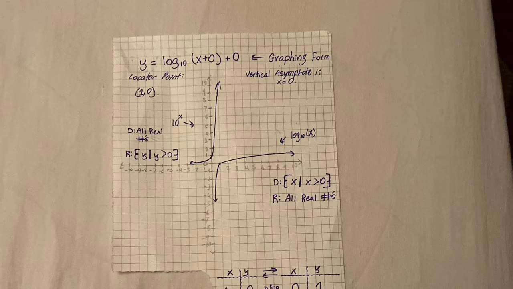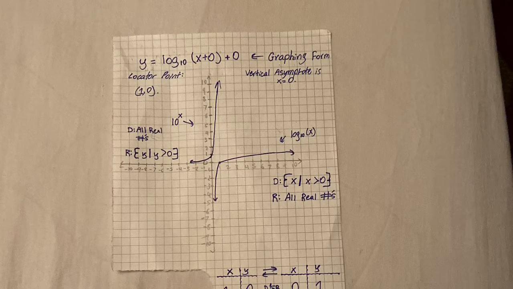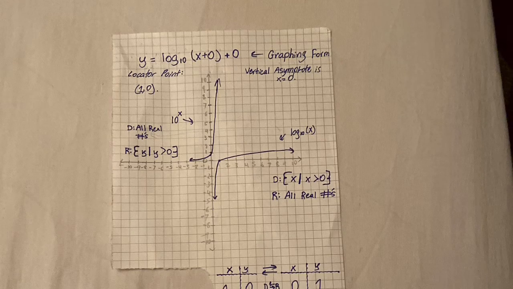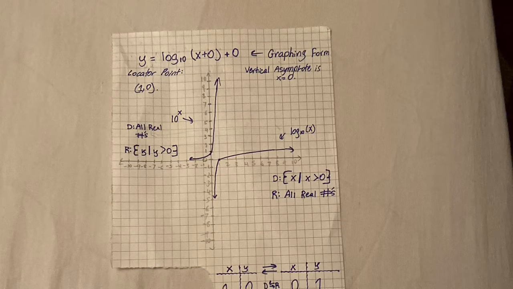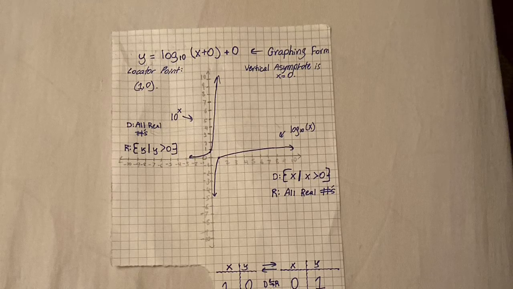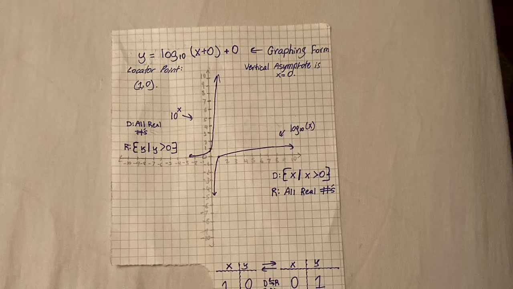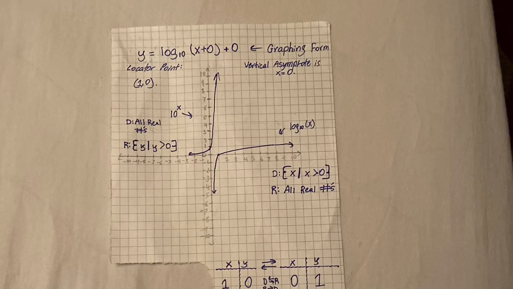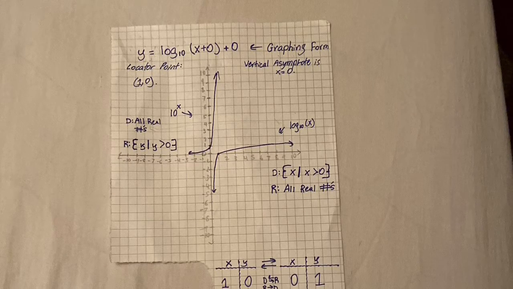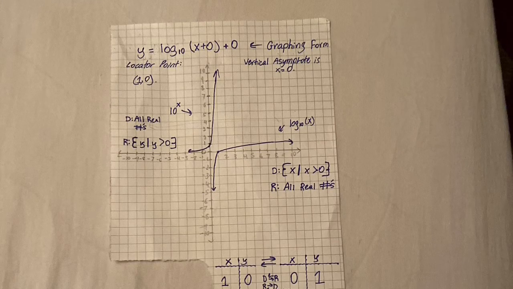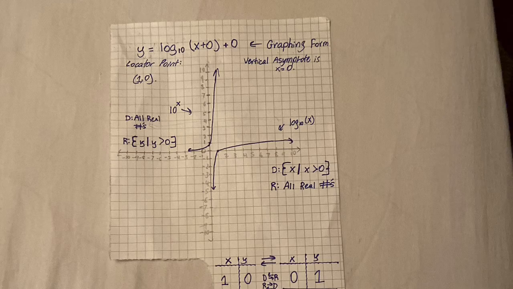Now let's say, for instance, we have the coordinates of x equals 1 and y equals 0 for the logarithm function. Well, to find that for the exponential function, we switch the coordinates, and therefore we'll have x equals 0 and y equals 1, which is exactly what we see when we graph both equations. We'll have x equals 1 for the logarithm and x equals 0 for the exponential.